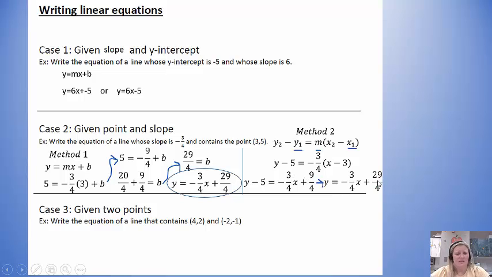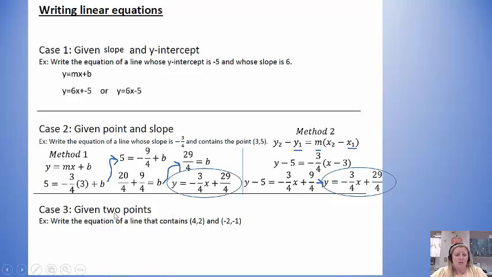And you're just going to get that same 29/4 this time, but steps are a little bit different. So this one has a lot of substituting, solving, and then resetting up. This is kind of, you plug in once, and then you just literally do the math. So there's good and bad from both, but honestly, I've been teaching this method more than the other method, and I see far fewer errors when kids use the point-slope form.